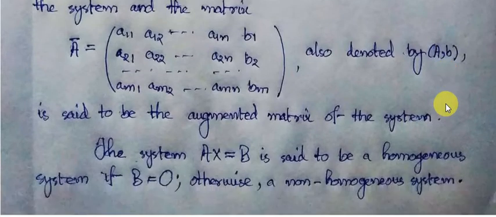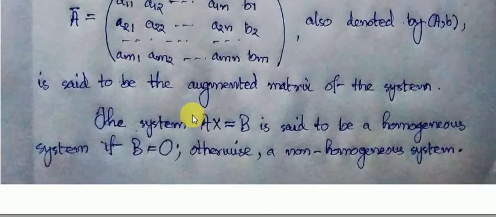And the system Ax equal to b of linear equations is a non-homogeneous system when the right hand member b is not equal to the null matrix. That means some right hand members of this system of equations are non-zero.